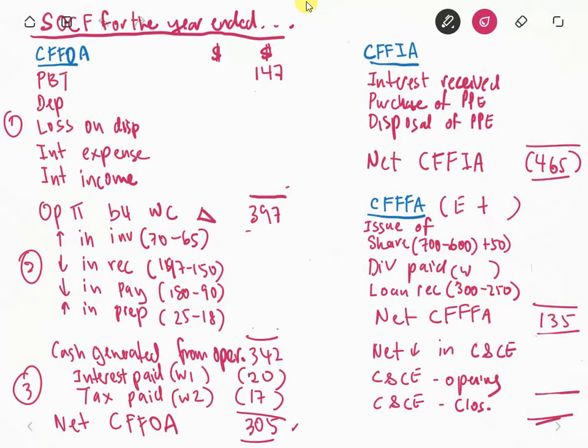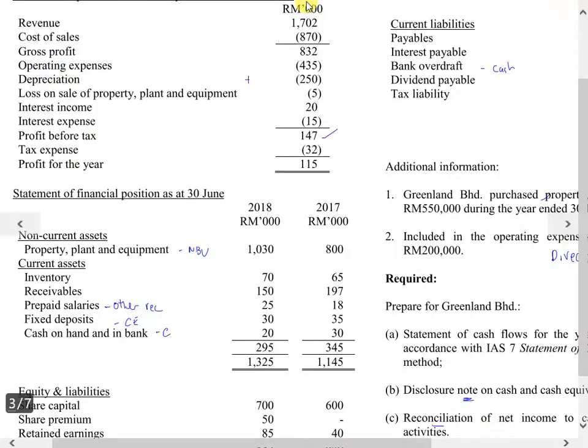We start with profit before tax. Now we want to adjust for depreciation. Yes, we have 250 here. Do we have to adjust for loss on disposal? Yes. Plus or minus? Plus. Interest income, so minus. Interest expense? Plus. So we have four adjustments to make.